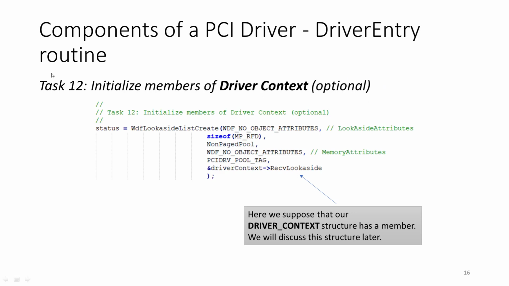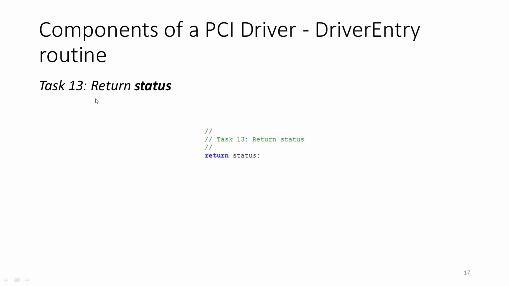In this code example, we suppose that our driver context structure contains the receive_lookAside member. The idea here is to initialize the members of the driver context data structure. Just keep in mind that it is the responsibility of the developer to define this structure. Task number 13, return status. In this code example, we simply return the status variable.